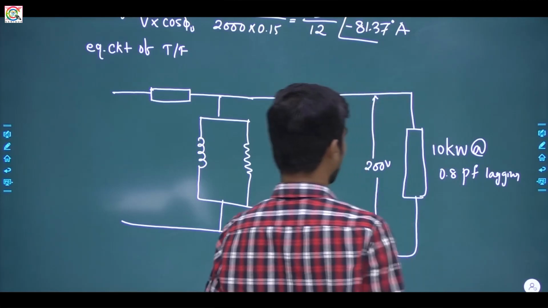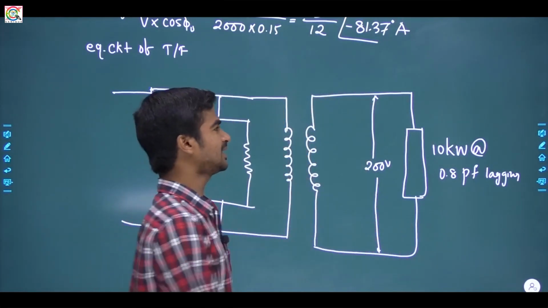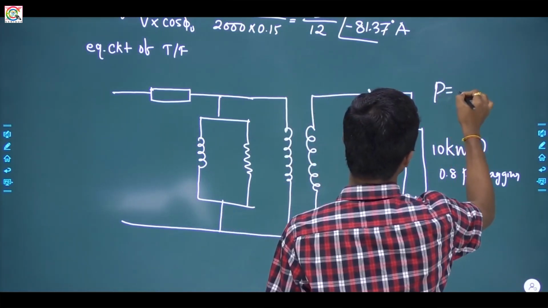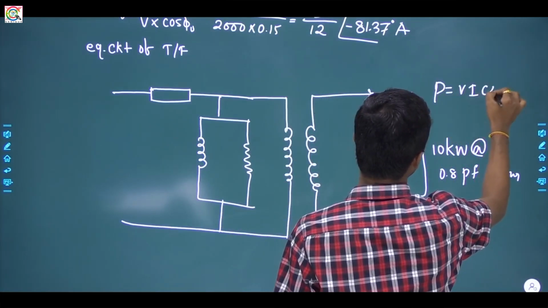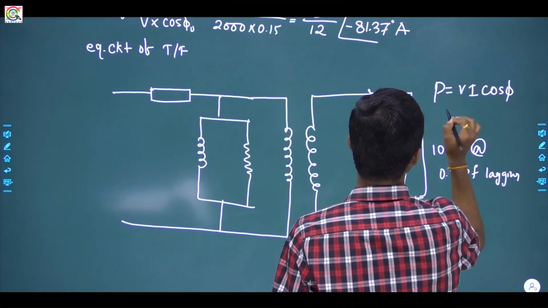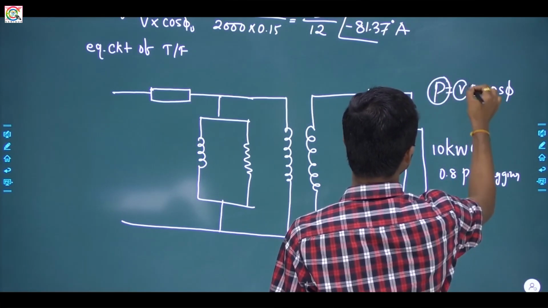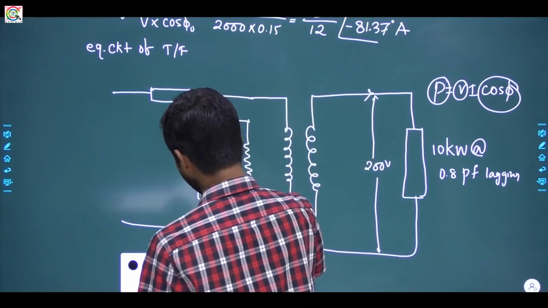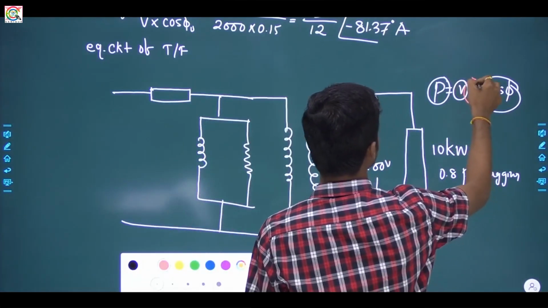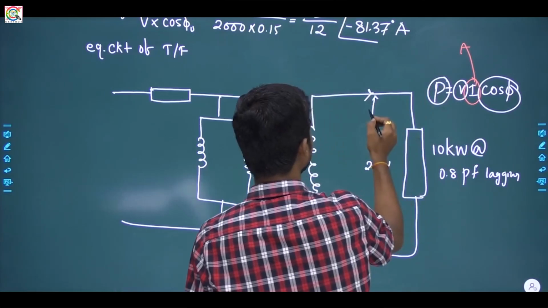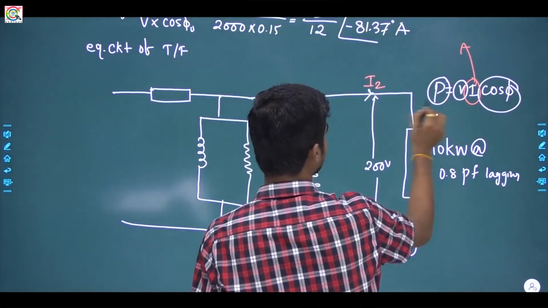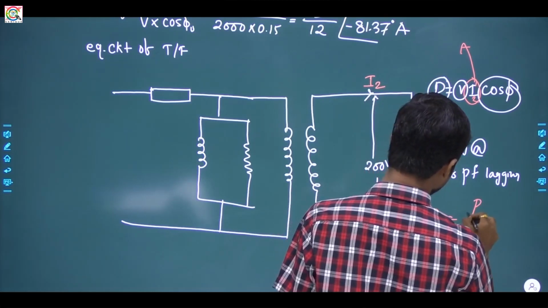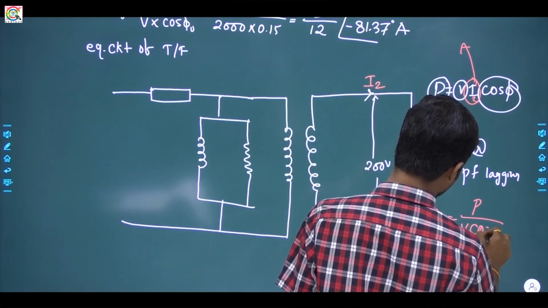Again, can you tell me what is the current drawn by this load? In this case also, we know the power is given by P = VI cos phi. P is known, V is known, power factor is known to you. Suppose the load current is I2. So what will the value of I2 be? It will be P / (V cos phi).